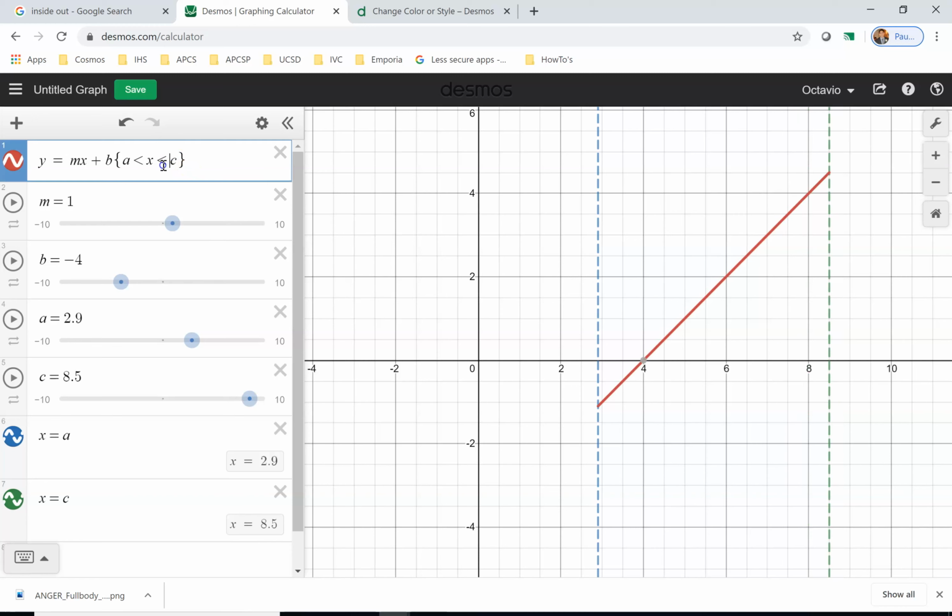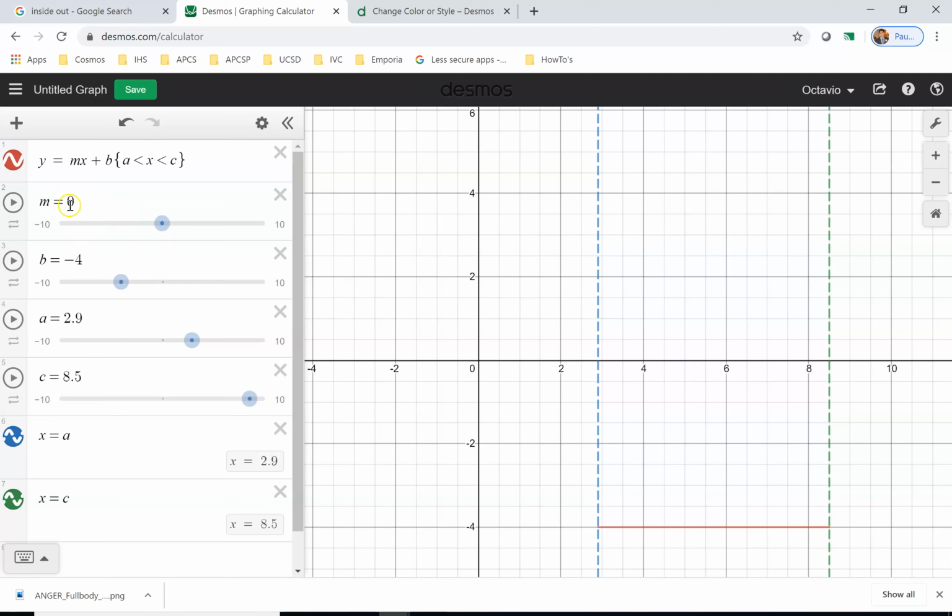Again, I've placed variables here so you can see the effect of changing these values. The slope increases the steepness or decreases it. Let's see how it's getting steep, until it gets flat, which by the way is a slope of 0.